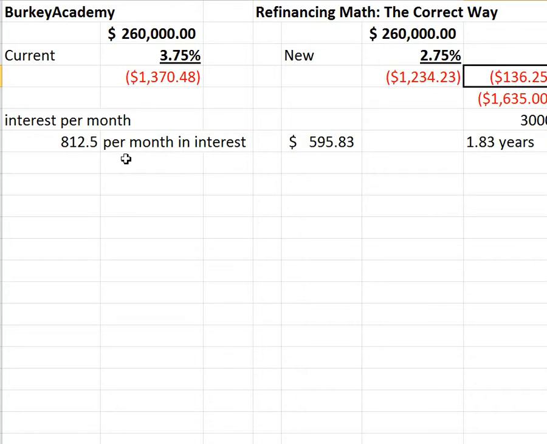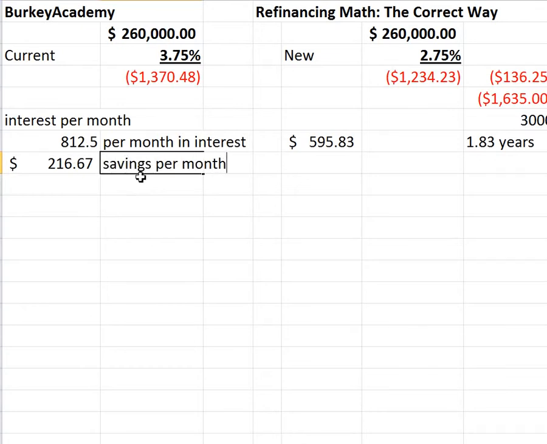So the real bill that you should care about is just the interest, if you're really thinking about this the right way. How much is our interest going to go down? How much is our bill going to go down? Well, let's calculate the difference. 812 minus 595 equals $216.67 is the savings per month in interest.